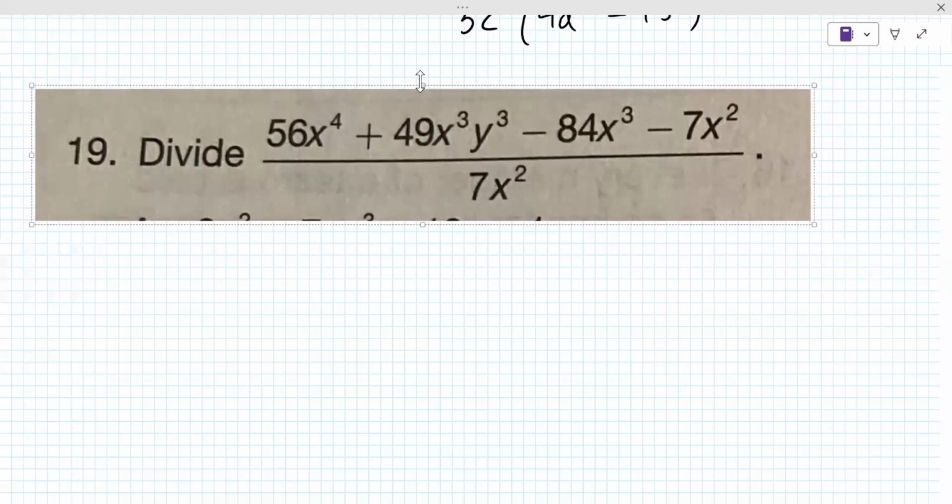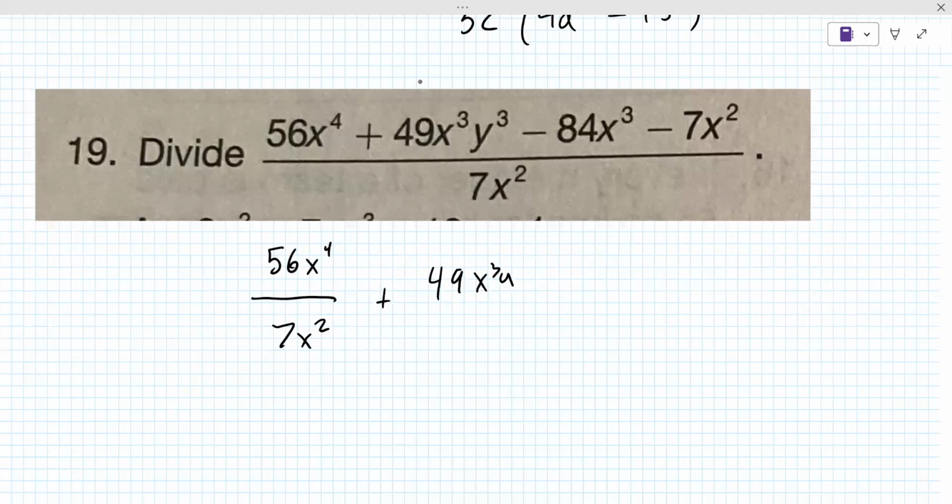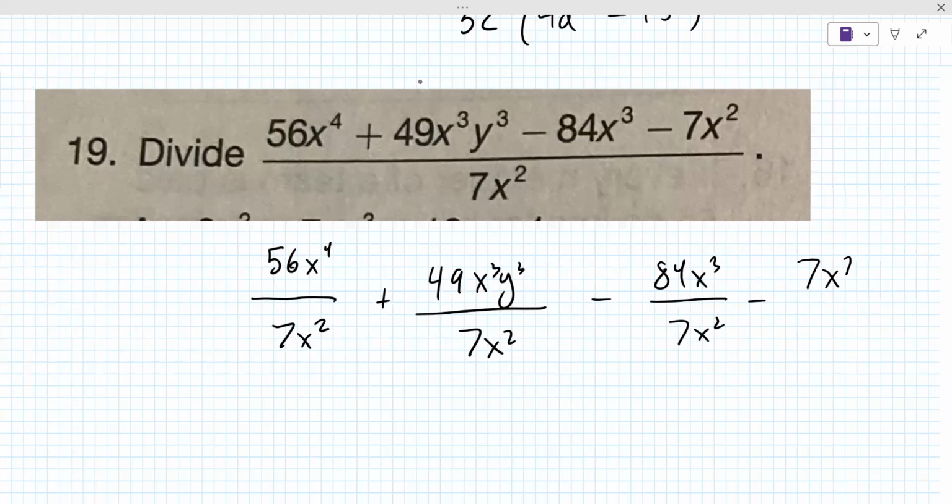When you're dividing, like is the case here, you're dividing each of these by the denominator. You're dividing each one. So it's a lot of writing, but this is the case.